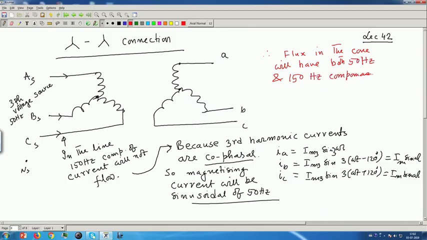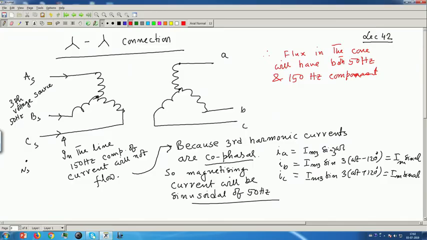Of course, the amplitude of this third harmonic flux will be much less, maybe 10% of the rated fundamental flux, but nonetheless both of them will be present. So, in the core of these transformers there exist now two fluxes, one of 50 hertz and another of 150 hertz.